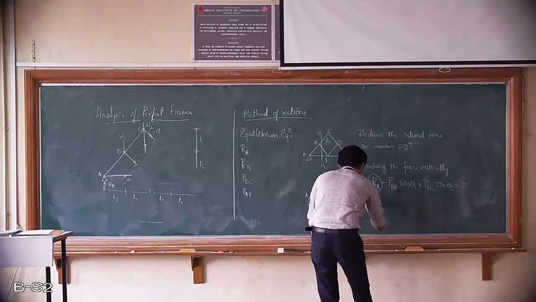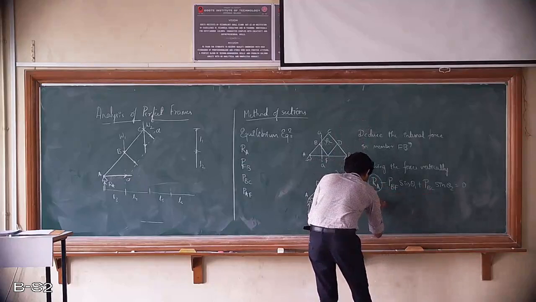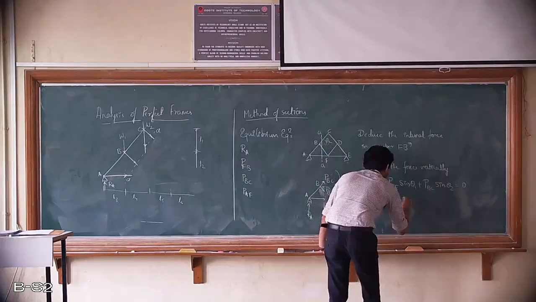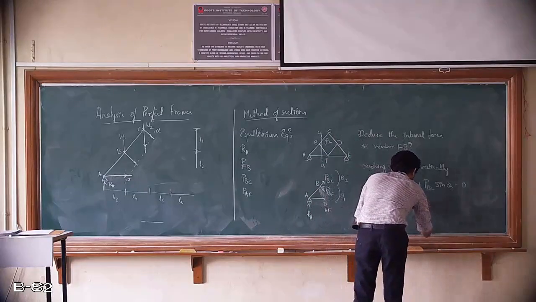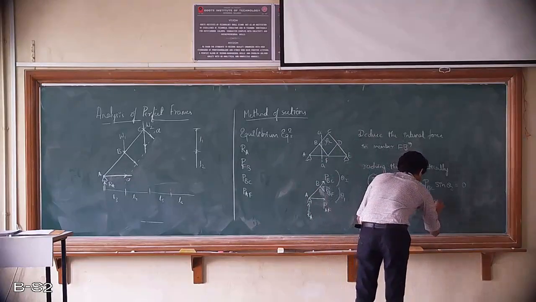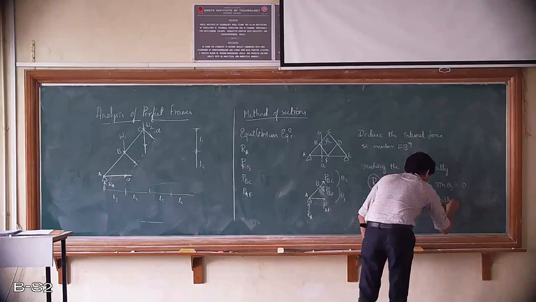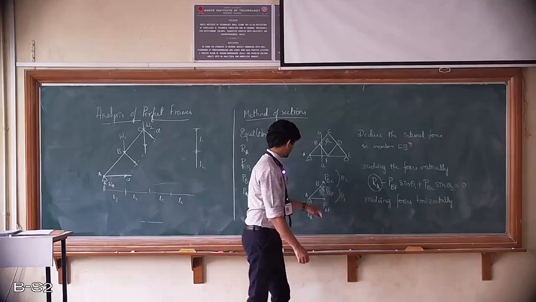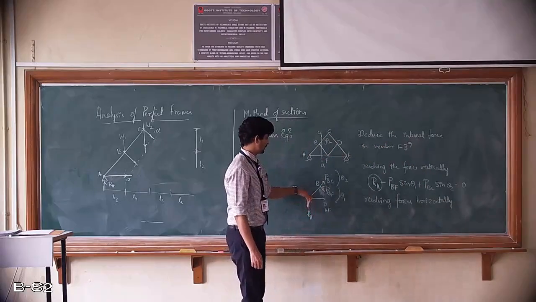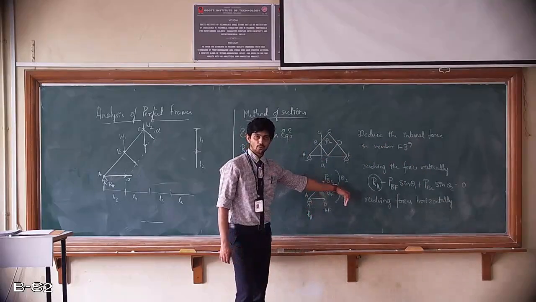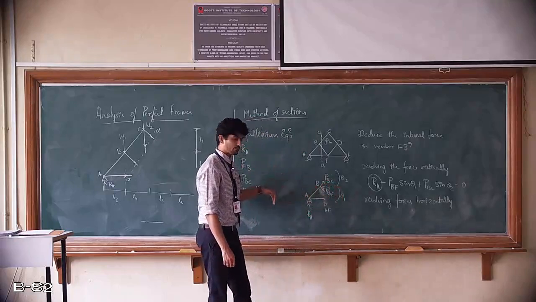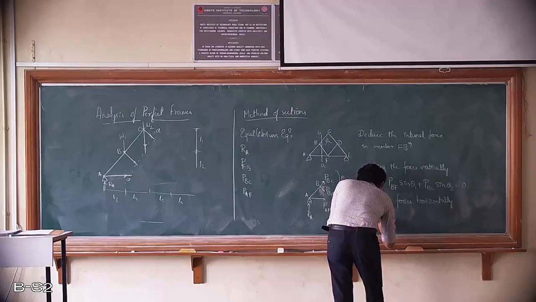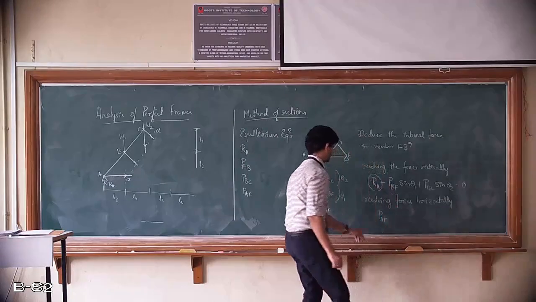Next, resolving forces horizontally. If we resolve the force horizontally, let us consider the force towards right as positive and the force acting towards left as negative. In that case, PAF is going to be positive.